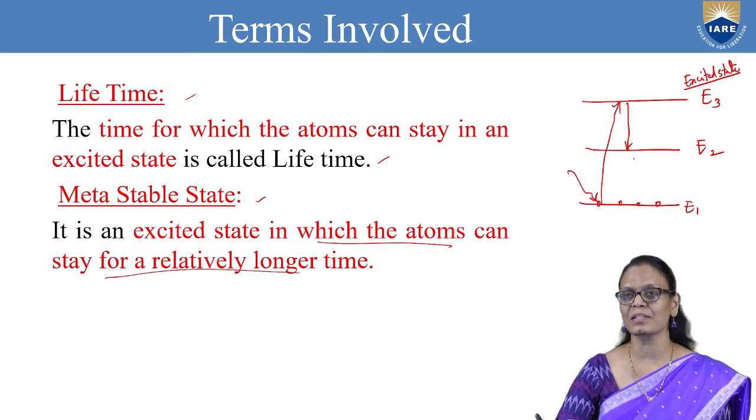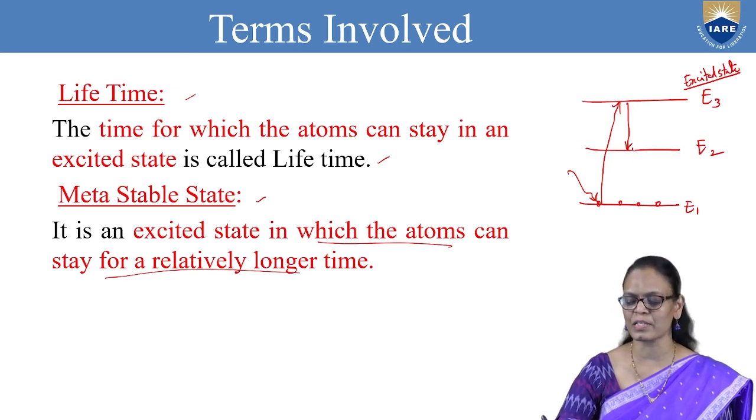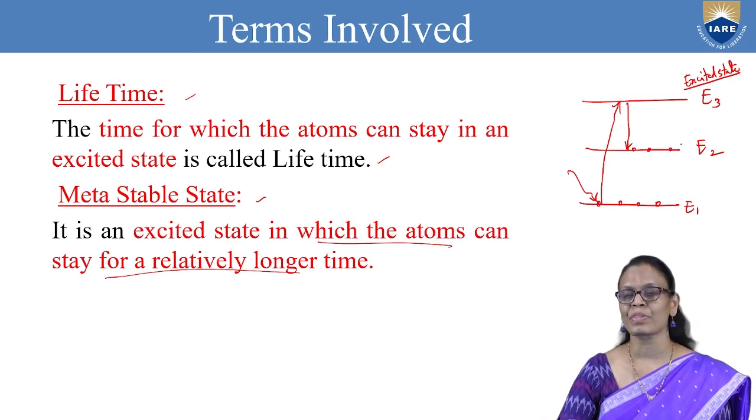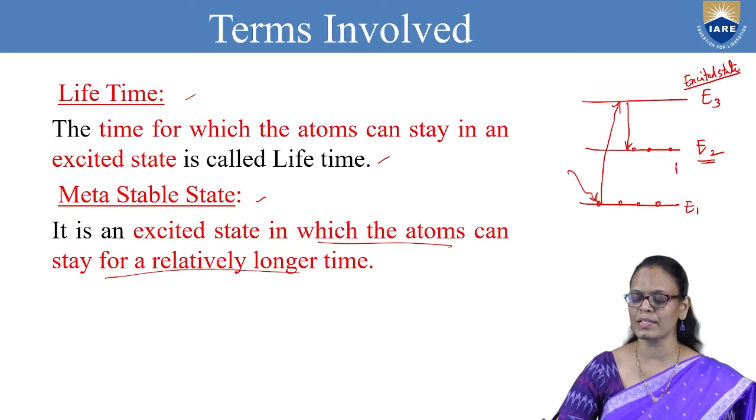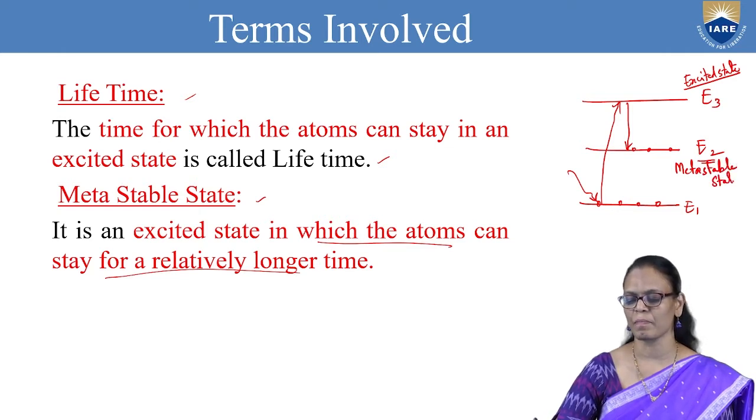So when there is a transition, there may be atoms here. But in E2, the atoms can stay for a relatively longer time. So we call this E2 the metastable state.